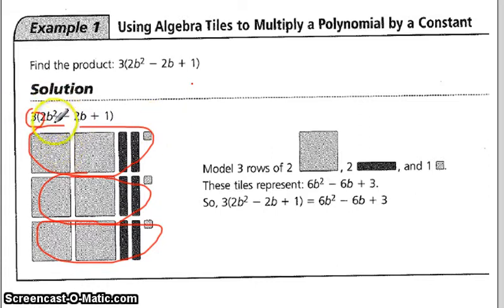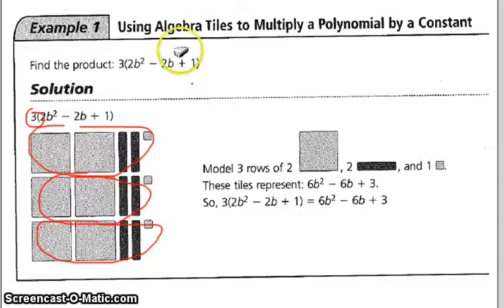So all we've done is assign tiles to what's inside the parentheses and write it however many times is indicated in the distributive property. You can do this through the distributive property method if you find it better, or you can use algebra tiles. It's just 2 ways of doing it.